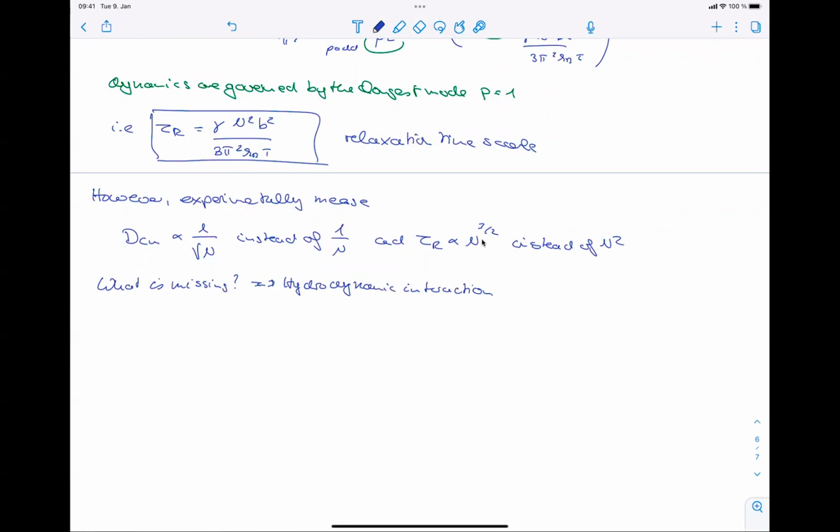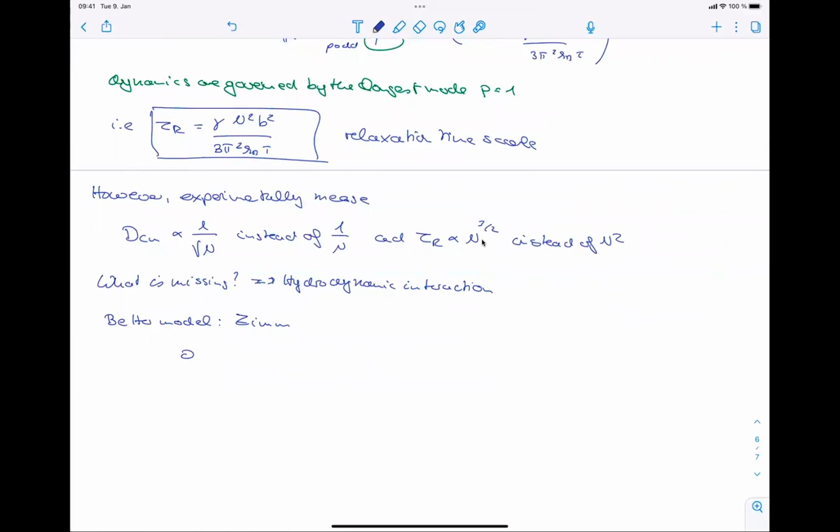And just so that you've heard the terms, the better model takes them into account as the so-called Zimm model, which then writes the dynamics of the modes in terms of coupling via the flow fields.